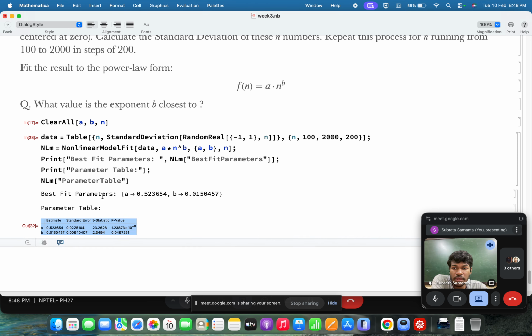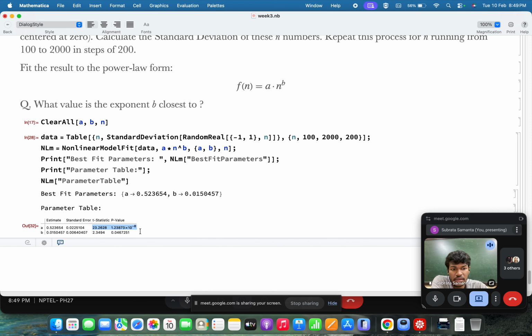So, here you see the best fit parameter is the first one, the values of a and b. The value of a is 0.5 and so on, and b is 0.15 and so on, with the error for a and this is the error for b, and this is the t statistic and this is the p value.